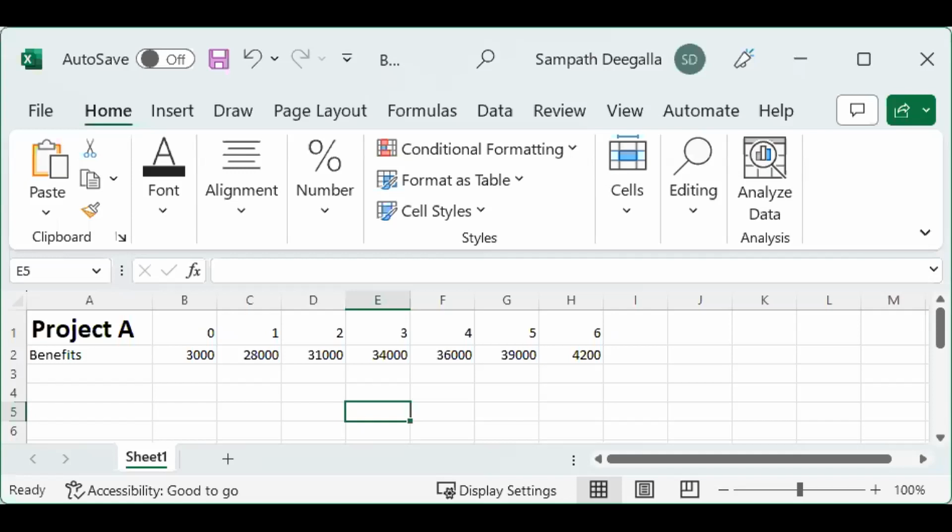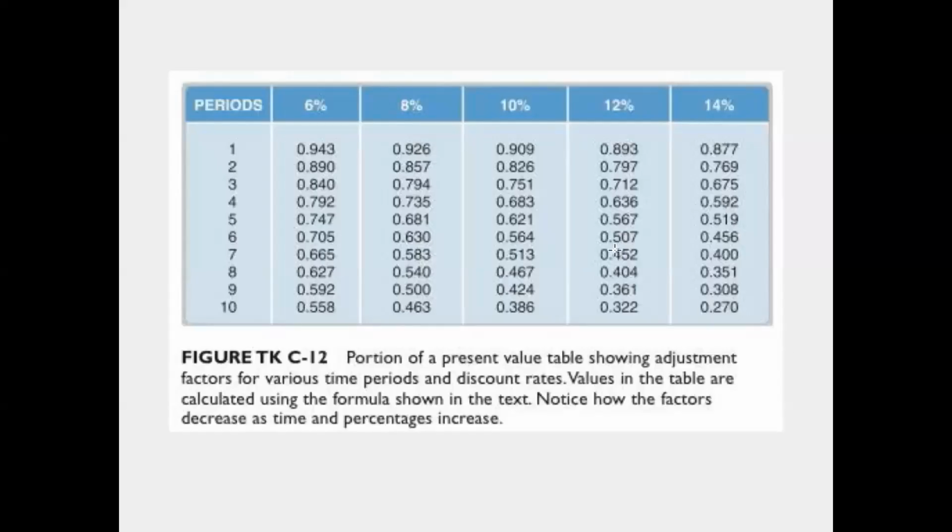Then 0.797, 0.712, 0.636, 0.567, 0.507. So that's about for 6 years.